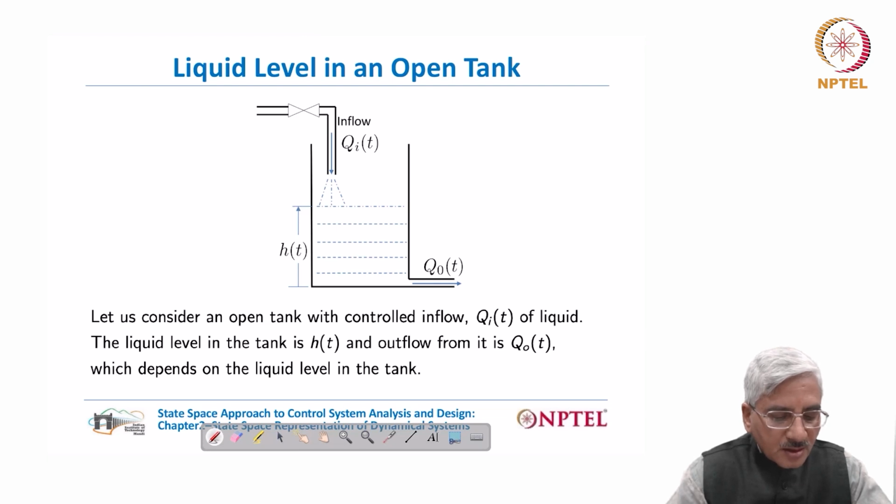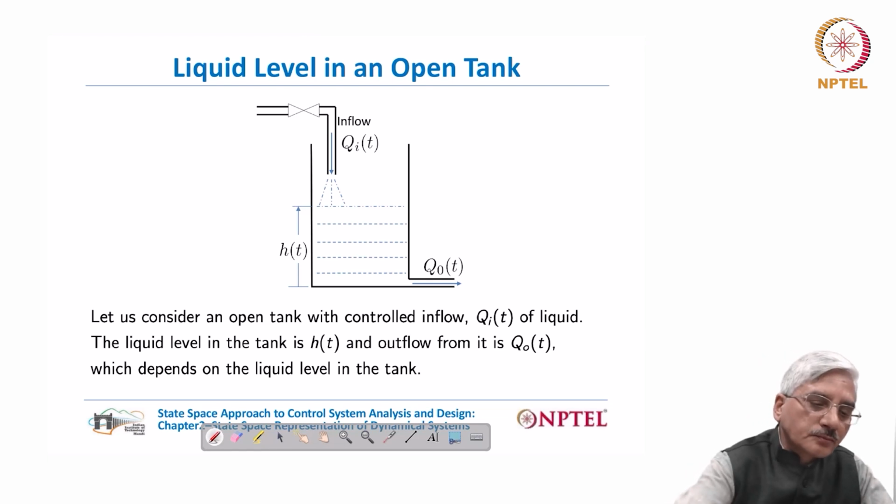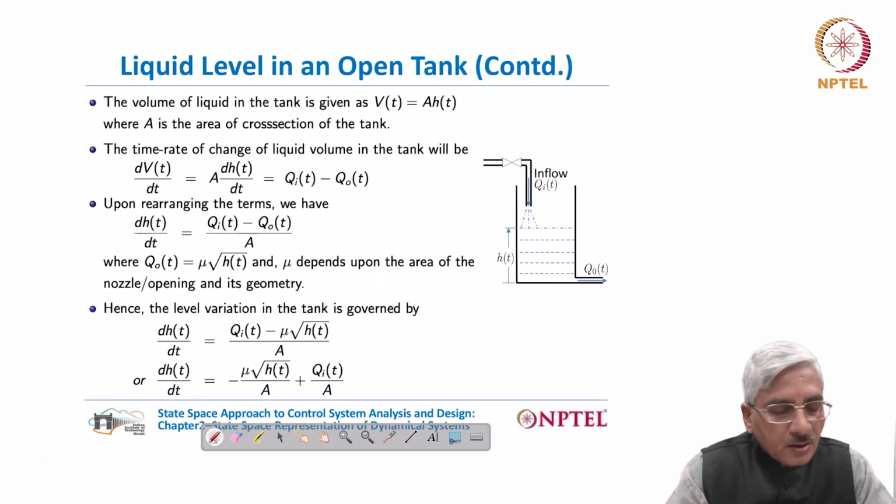We have to model the liquid level variations in this tank. That is the problem. This is of course a much simpler system than the two systems which we considered before.